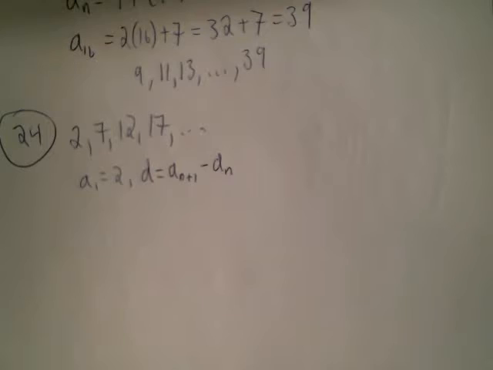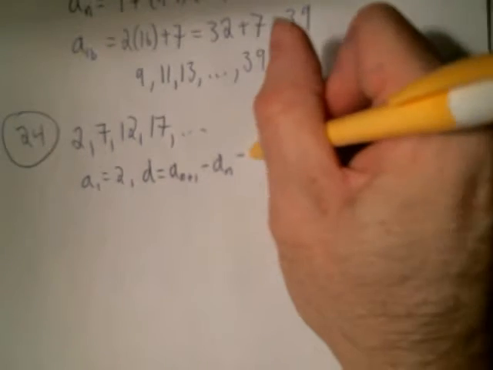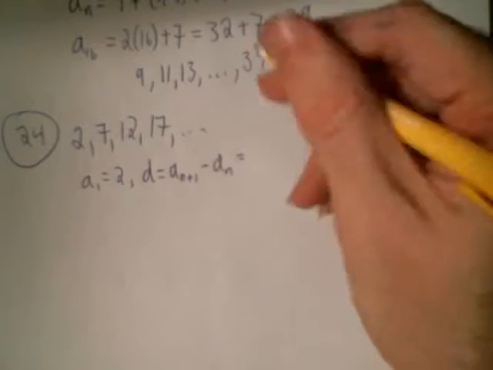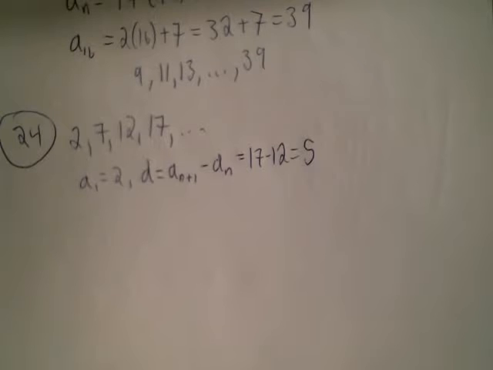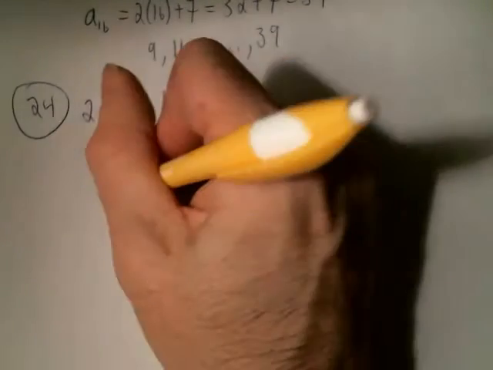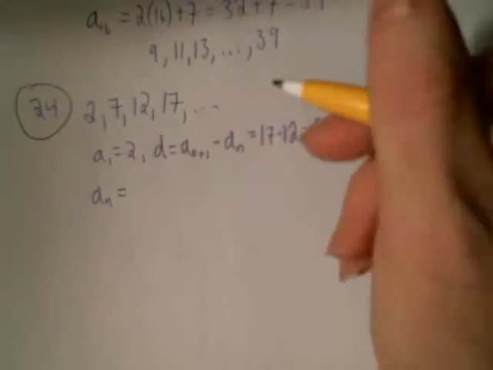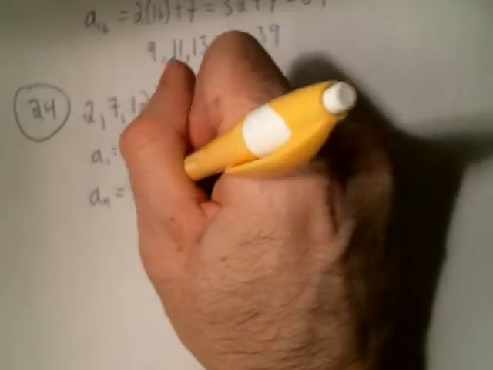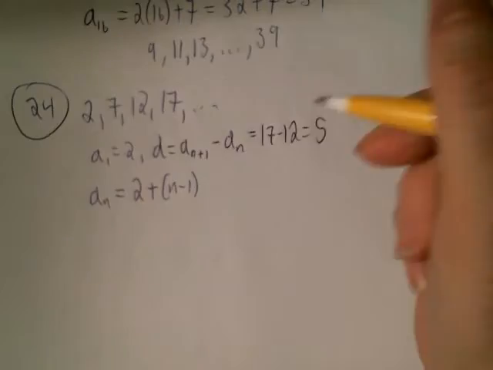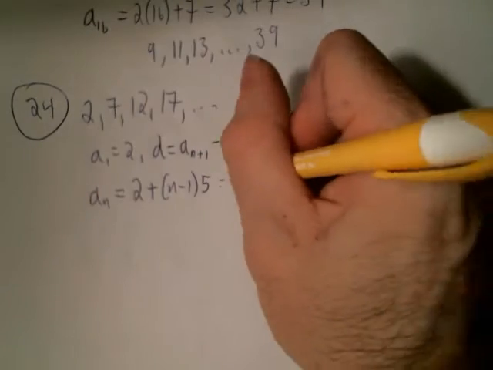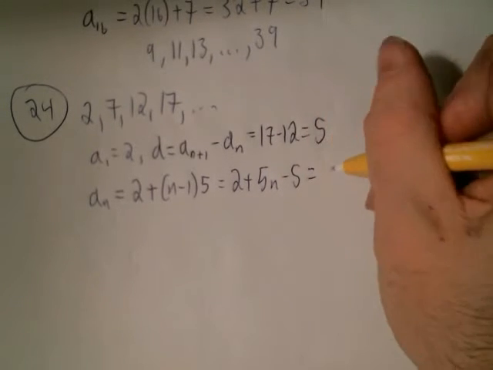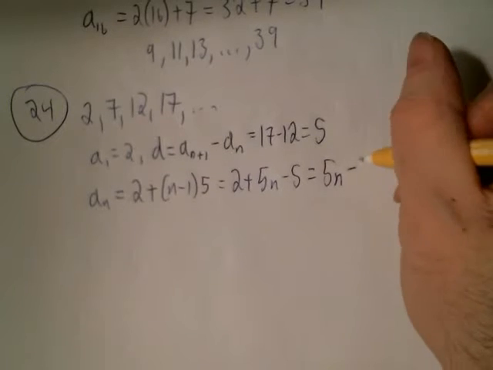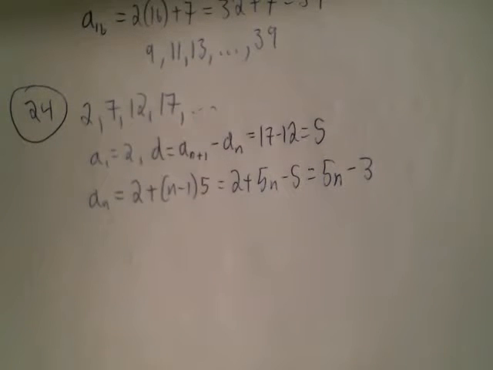Okay? So you just take two consecutive terms and subtract them. And you can pick any terms you want. Let's pick 17 and 12. Well, that's just 5. Okay. So we got our information. A sub n must equal then a sub 1, which is 2, plus n minus 1 times 5. Okay, so that'll equal 2 plus 5n minus 5, which equals 5n minus 3.